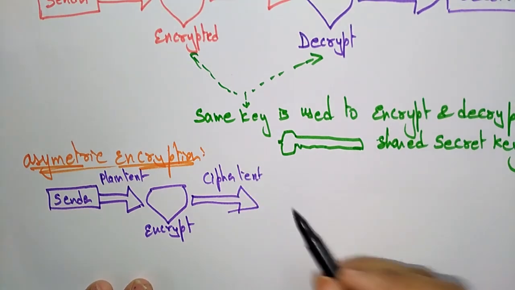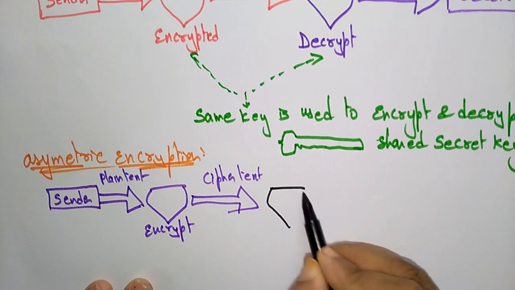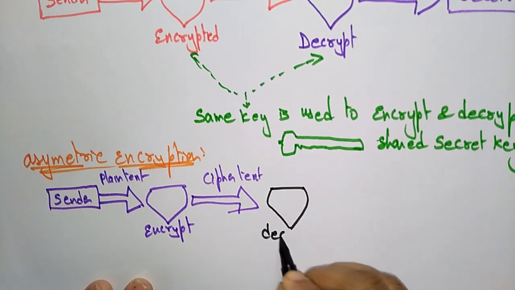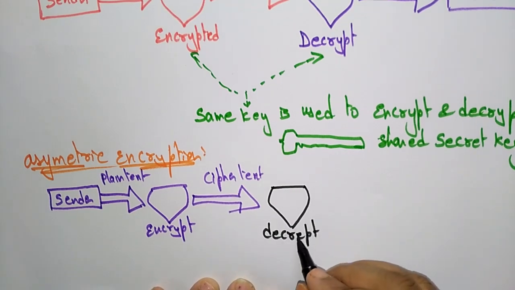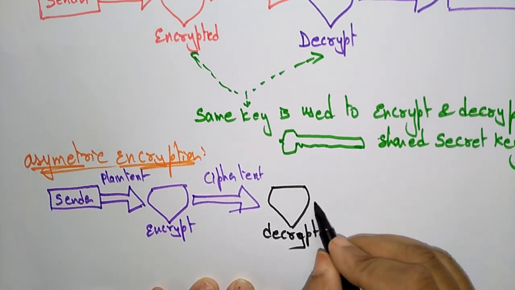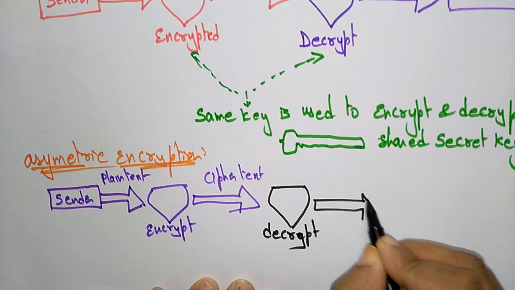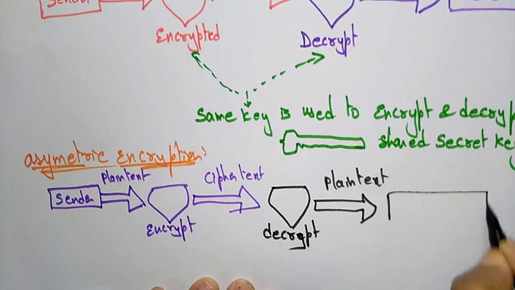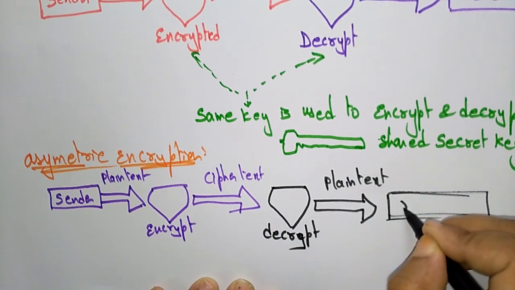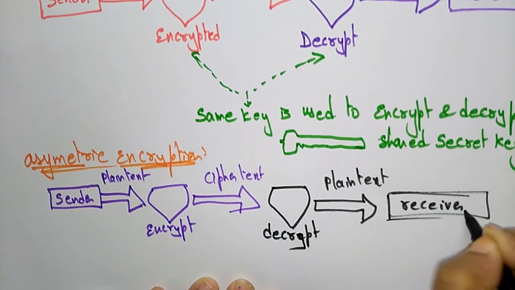Next, if the receiver wants to see the data, it has to be decrypted and converted into plain text. And here the receiver will receive the data.